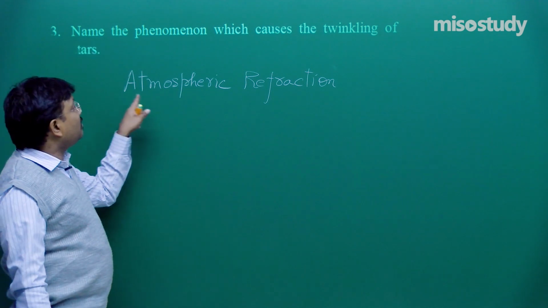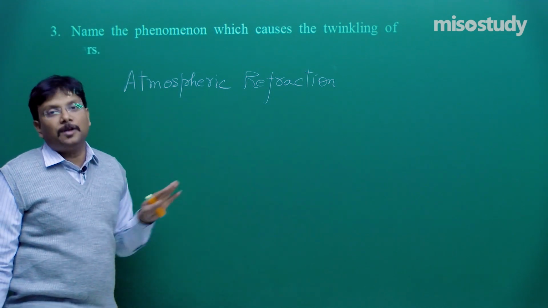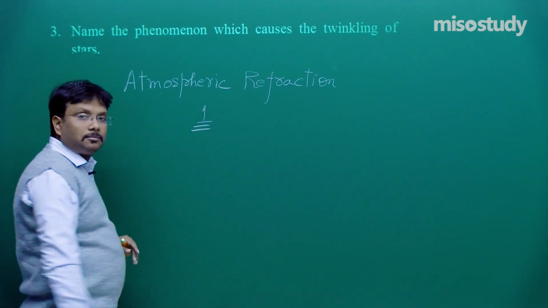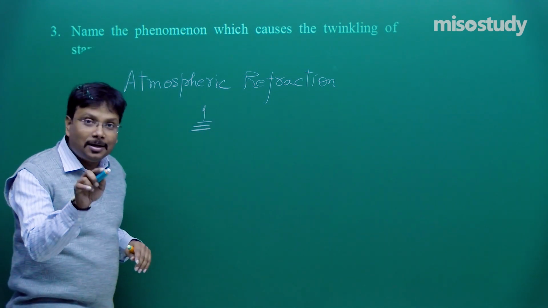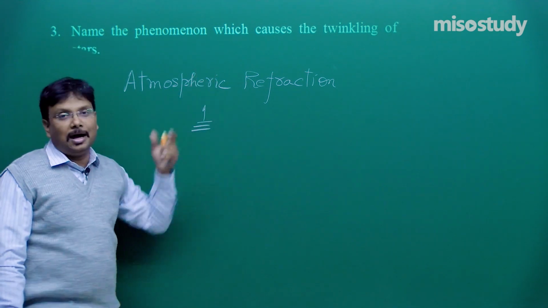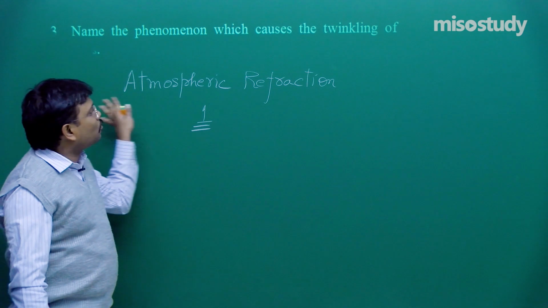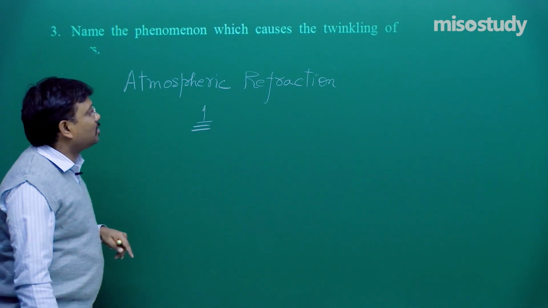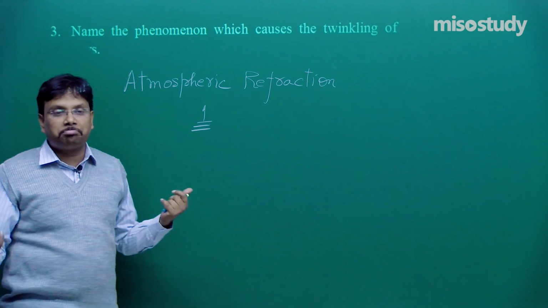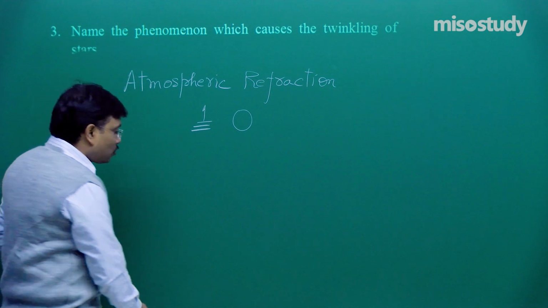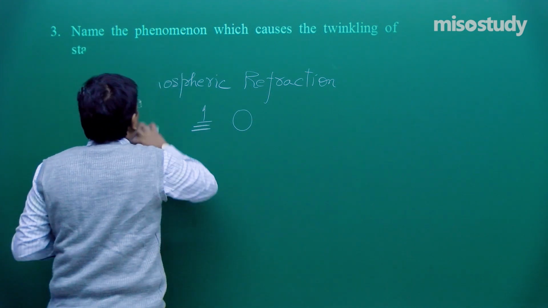Even if you write down 4 or 5 lines, you will get only 1 mark, and that too when you mention those words required for the answer. Suppose you write so many things in this answer, but if you are not mentioning this atmospheric refraction concept, 0. So, be very careful.